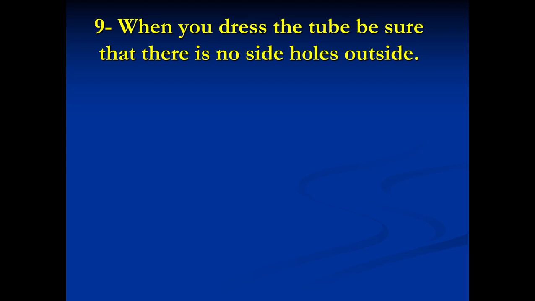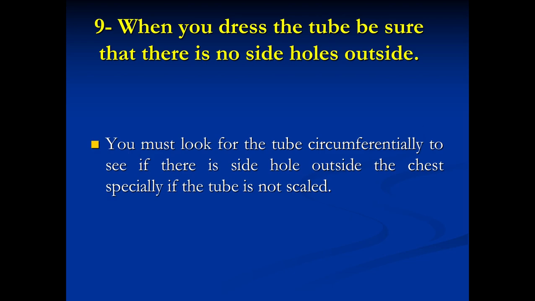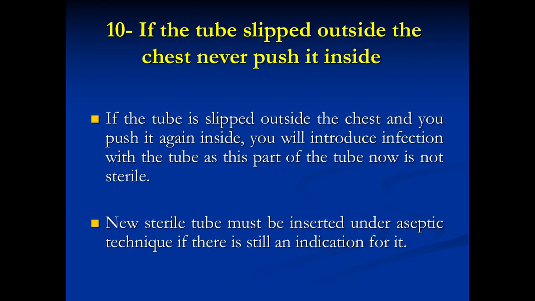If the chest tube is dislodged a few centimeters or pulled a few centimeters outside during the patient movement or for a certain reason, you must look at the tube circumferentially to see if there are side holes outside the chest tube or not, especially if it's not scaled. In case the tube slipped outside the patient, never push it inside, okay?